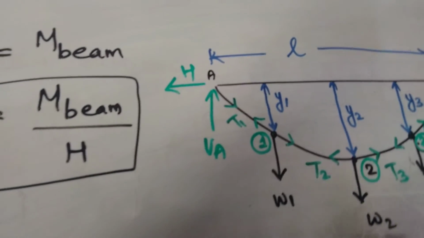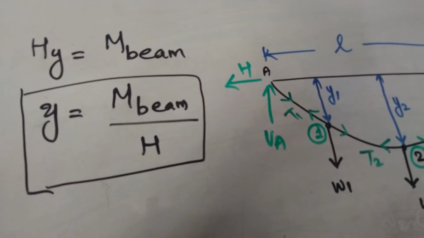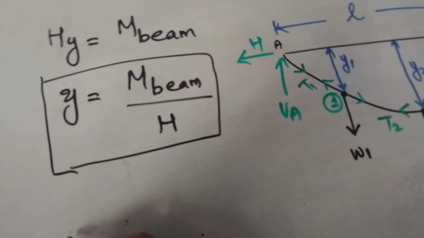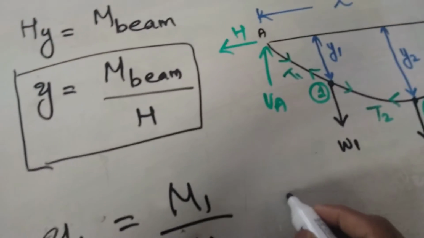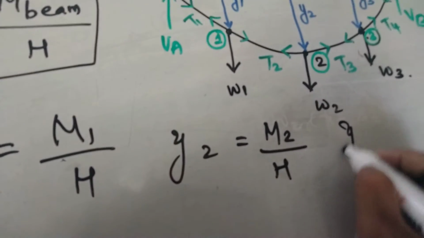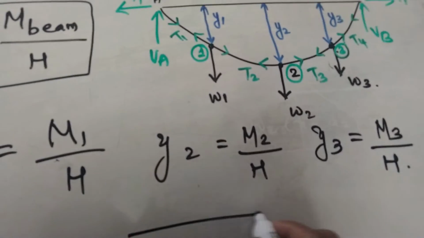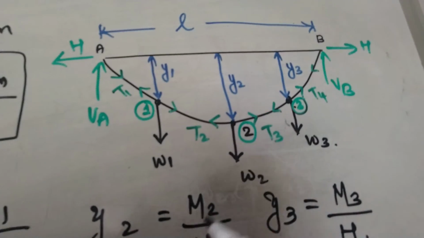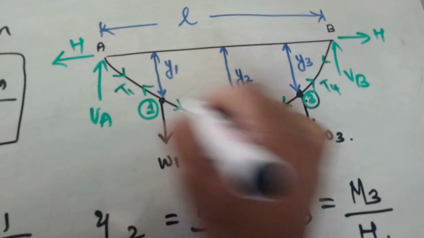The deflected shape will be similar to the beam bending moment diagram, and if M1, M2 and M3 are the moments at points 1, 2 and 3, you can find the deflections: Y1 is equal to M1 by H, Y2 is equal to M2 by H and Y3 is equal to M3 by H. From these equations you will get the dips. From those dips you can calculate the tension values and also the length of the cable.